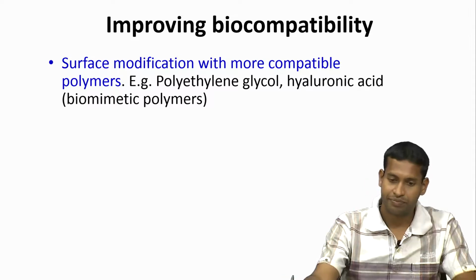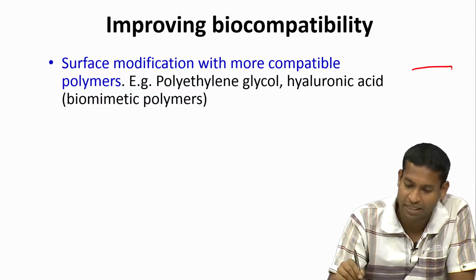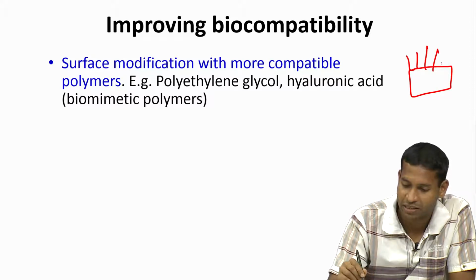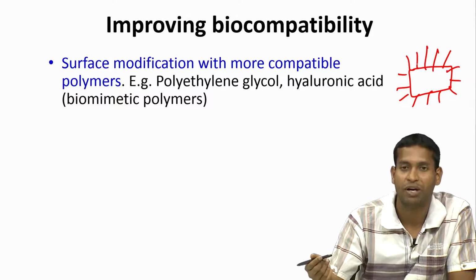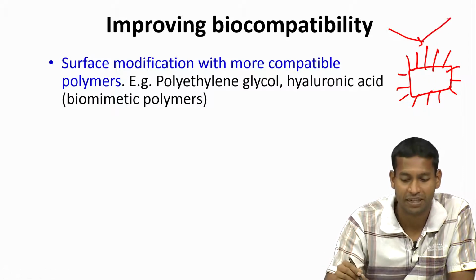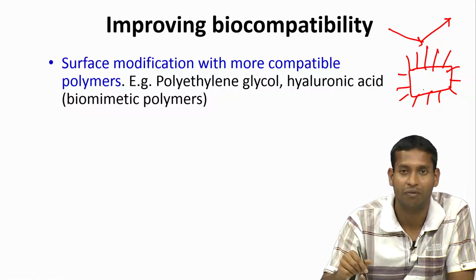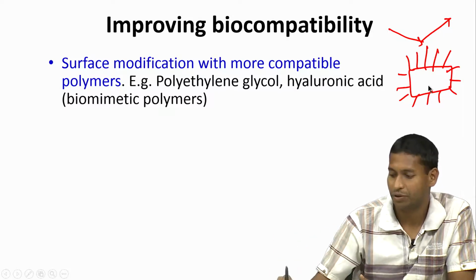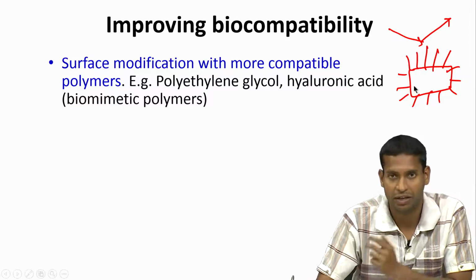So, what will happen is the body will only see, let us say this is a material and I have put PEG chains all around it. So, now the body can only see the PEG chains. When any cell comes, it feels that this is compatible and it just goes away, it does not really do anything adverse to your implant, and so that basically improves the biocompatibility of the implant that you want to use.